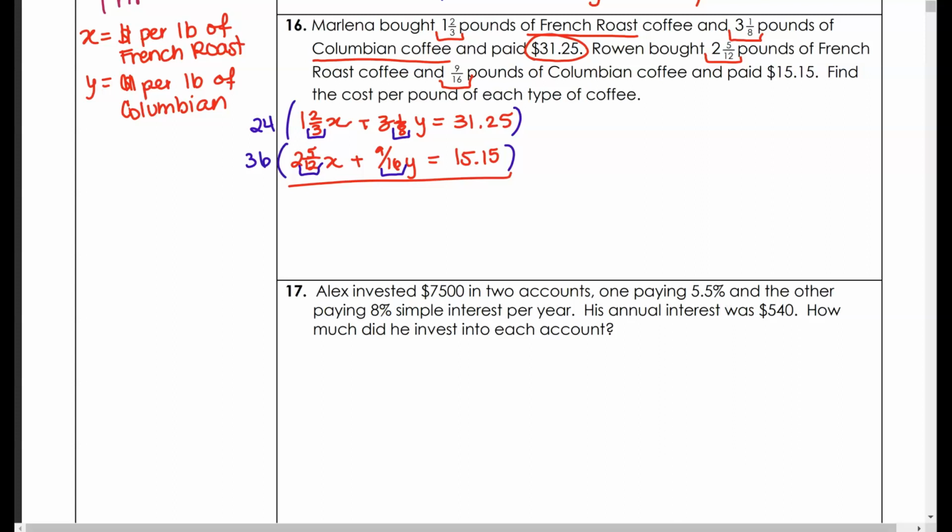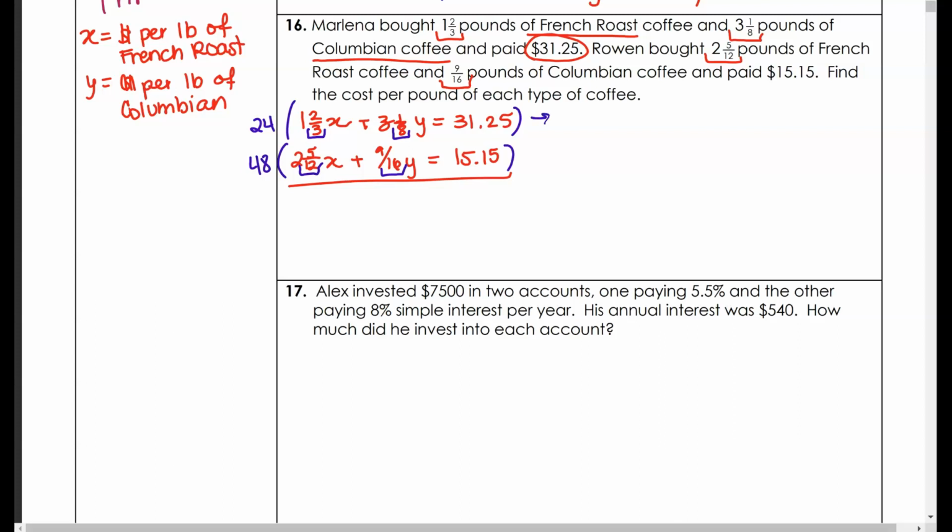Actually, 36 does not go into 12 and 16, because I was thinking of 32 and 36. So let's see, 16 times 12... It's going to be 48. So we're going to multiply that bottom one by 48.